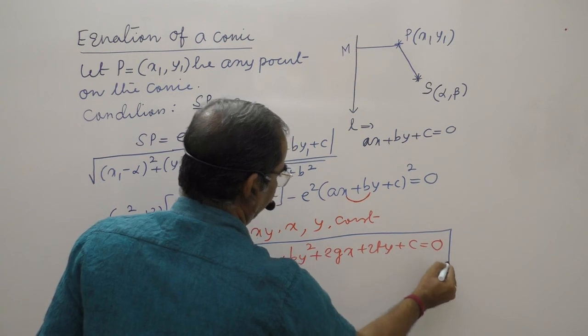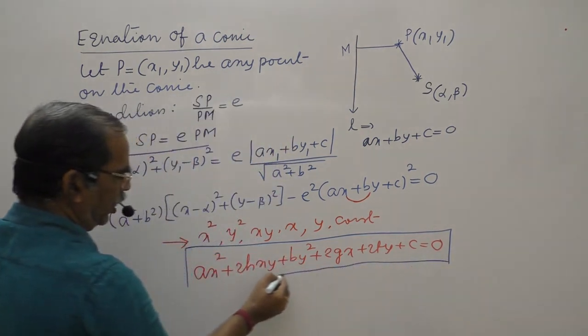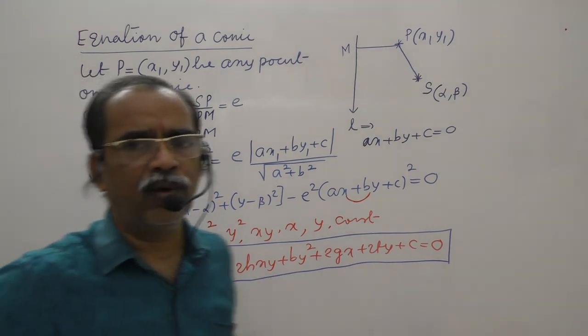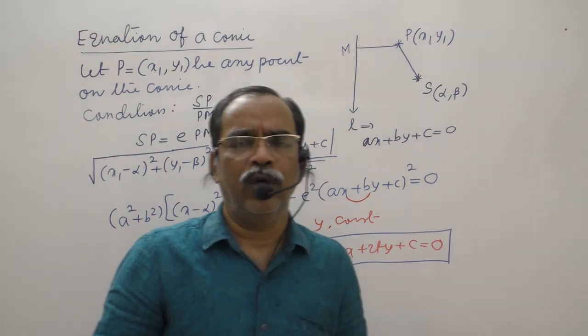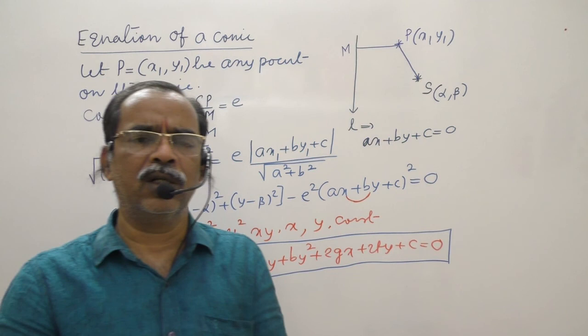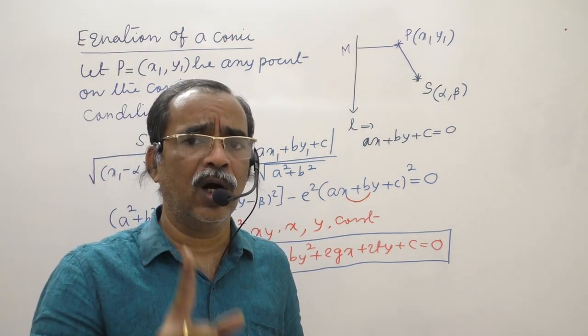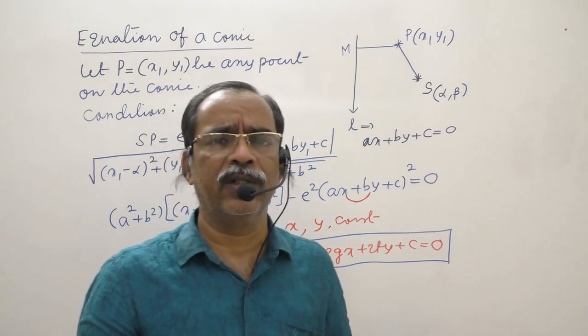This is the general form of a second degree non-homogeneous equation. With this result, we came to know that a conic's equation is a second degree general non-homogeneous equation.